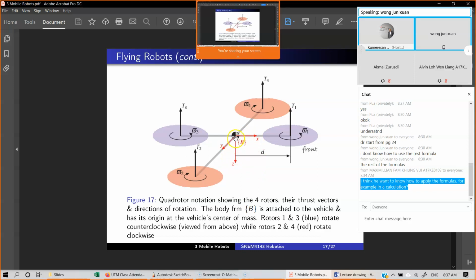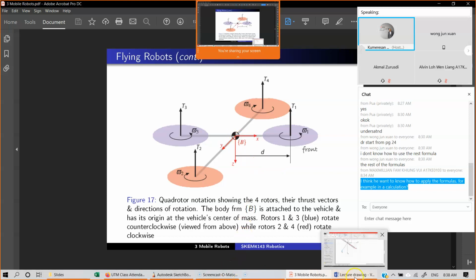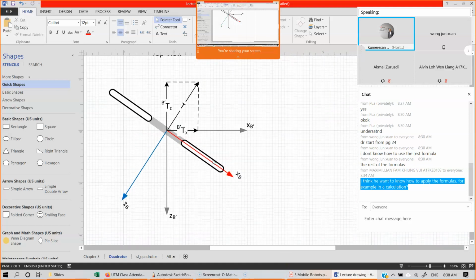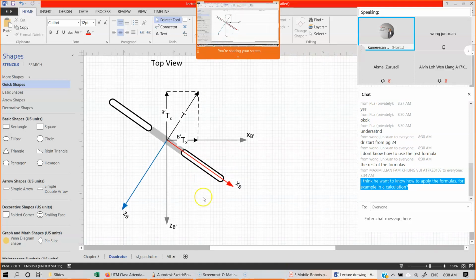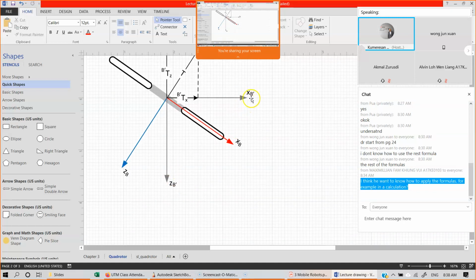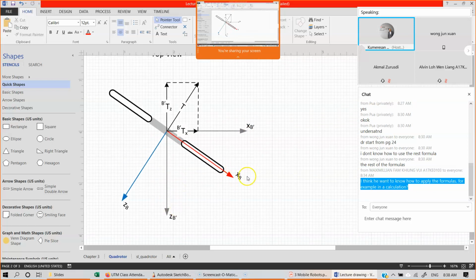For example, if quad rotor is tilting forward, the x-axis will be downwards, because it's fixed on the quad rotor. But in order to do the control, we need to have another coordinate frame, which is B prime. This is X B prime. This is Z B prime. But this is coordinate frame B, and this is coordinate B prime.